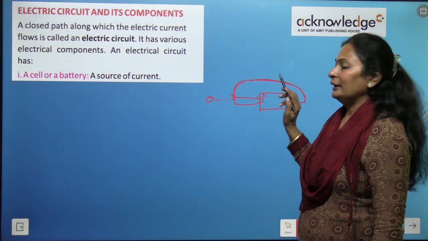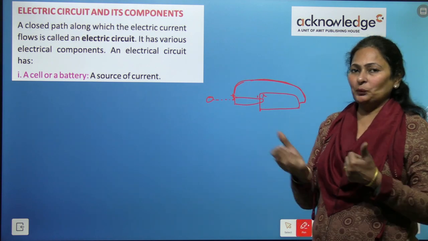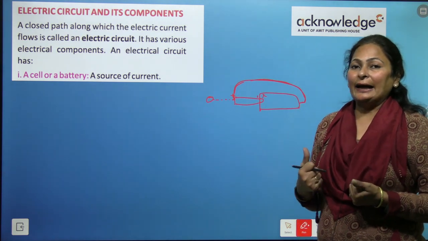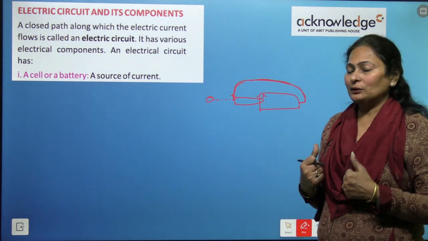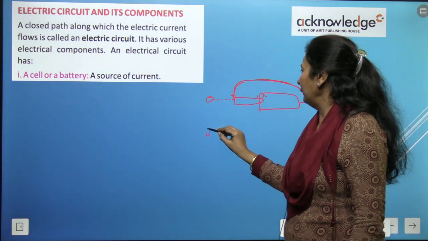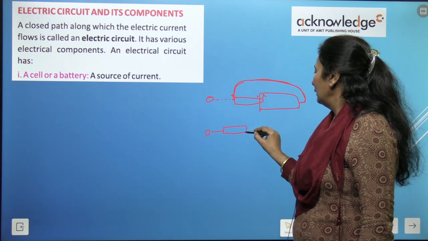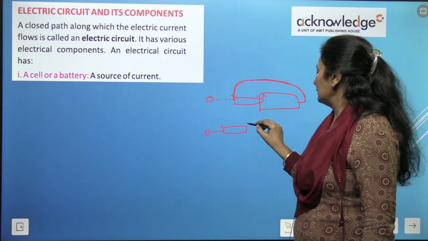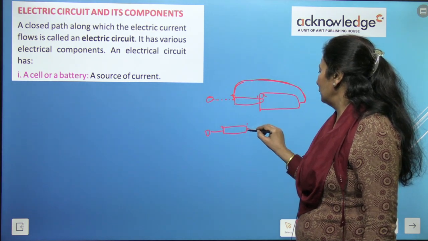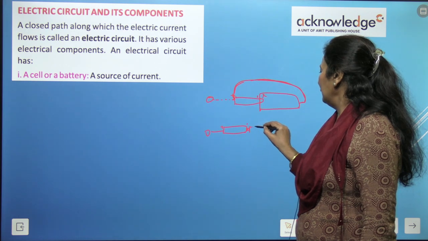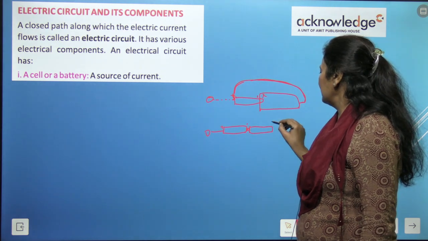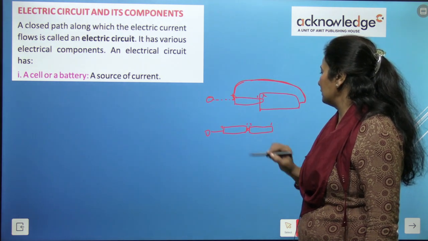And when you slide the switch button to the backward direction, what will happen? Again, let's make the same kind of structure. This is positive, this is negative, one more cell is there, and this is the negative terminal, this is the positive.